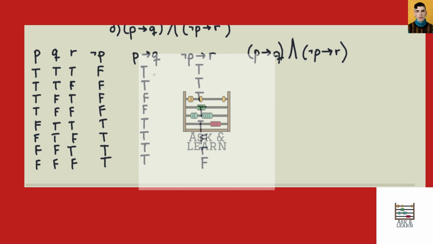So now we look at true, true is true, true, true is true, false, true is false, false, true is false, true, true is true, true, false is false, true, true is true, true, false is false. So this will be the truth table for the compound proposition given in D.